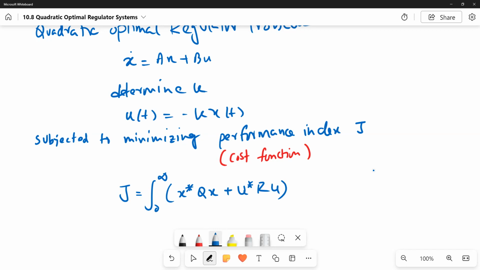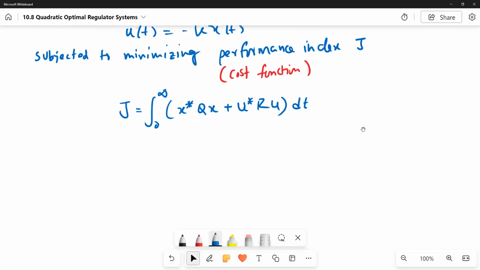This star may be considered as a conjugate transpose, or in the case of linear real valued matrices, it can be considered as a transpose.